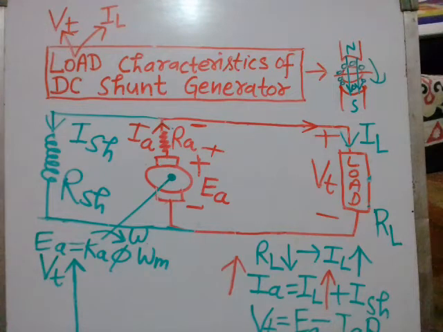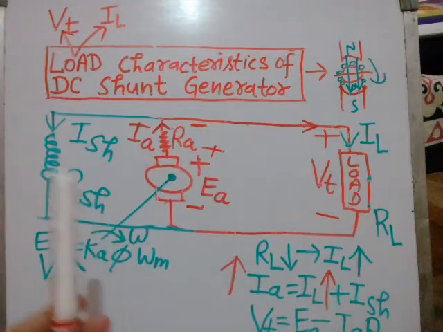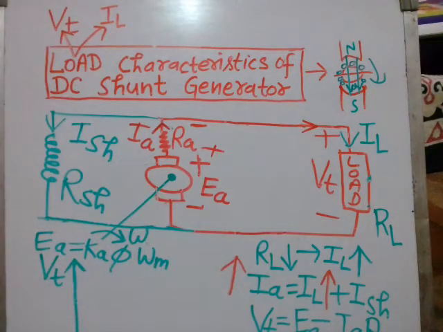Now if you are rotating this DC generator at a constant fixed speed, then the generated EMF will also be fixed. You can say that flux in the machine is fixed. You have not inserted any field rheostat to change the field current and hence the field flux.